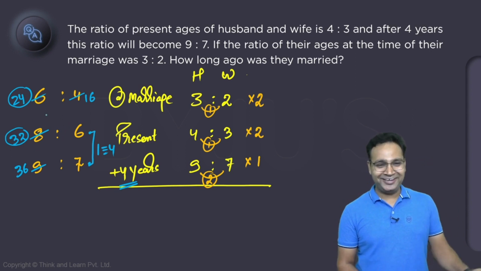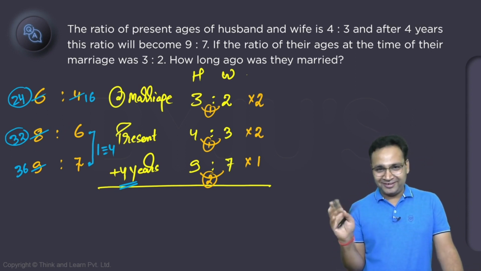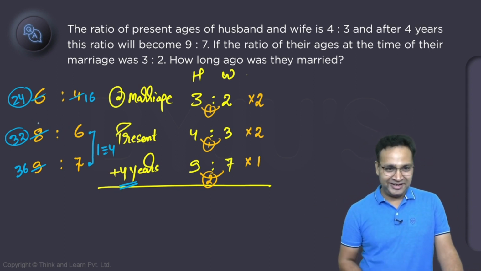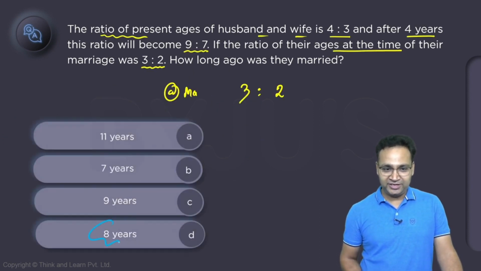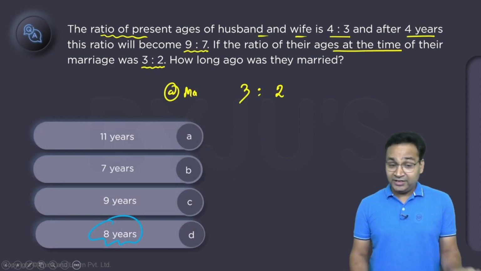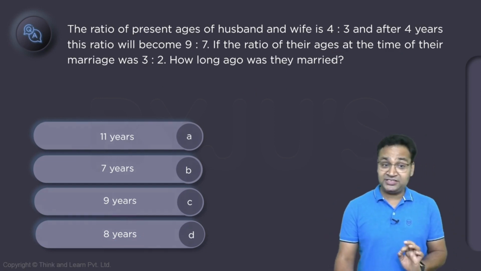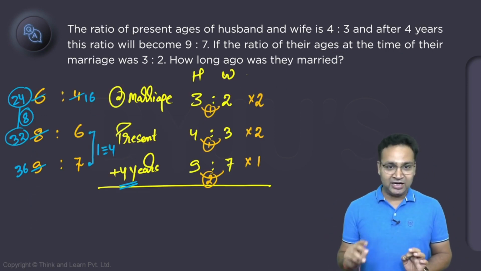Okay, I'm just kidding. So we do not put that emotional thing into the questions, right? So 24, 32. How many years ago were the persons married? 8 years ago.